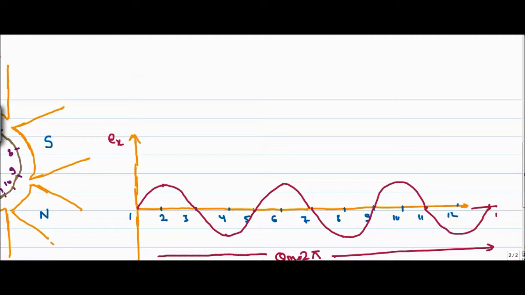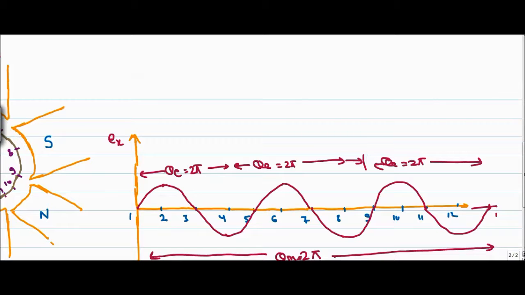But what about the electrical angle? We have seen that theta E equals 2 pi at this point. Theta E again becomes 2 pi at this point, and similarly theta E is 2 pi at this point. So the total electrical angle covered by this conductor X is 2 pi plus 2 pi plus 2 pi, which equals 6 pi.